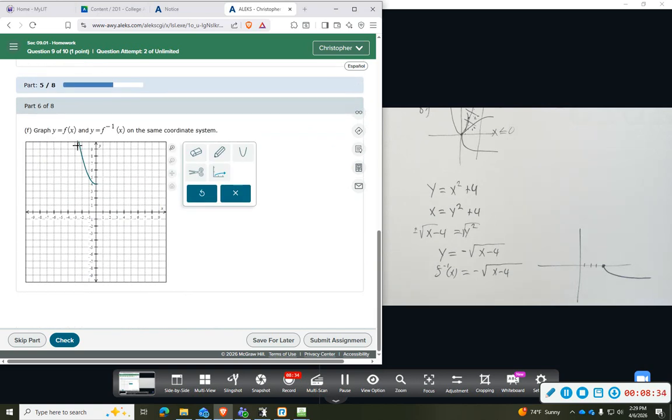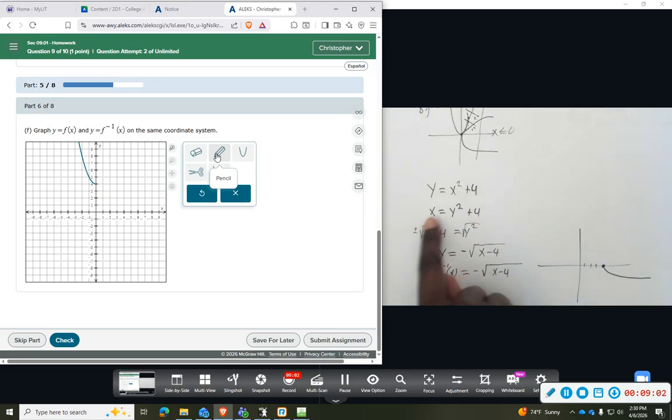All right, so now it wants us to graph it. Okay, so we can plot some points. If you plug in, we want to get numbers so that this works out positive. So I can't use 0. So we flip-flop. Let me make this point clear also.